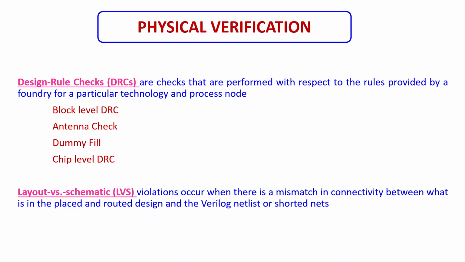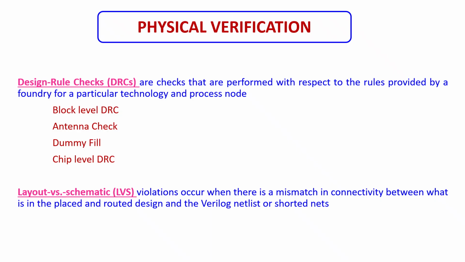The design rule check verifies whether the layout follows the manufacturing rules given by the foundry for a specific technology node like 28 nanometer, 7 nanometer, 5 nanometer, etc. Every foundry like TSMC, Samsung, Intel Foundry gives thousands of rules such as minimum metal width, minimum spacing between wires, overlap rules and density rules.